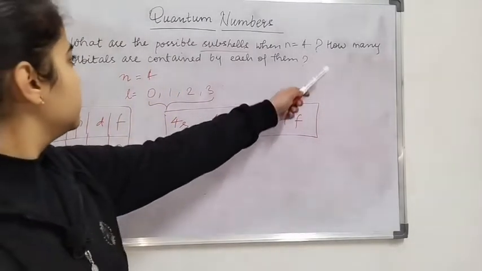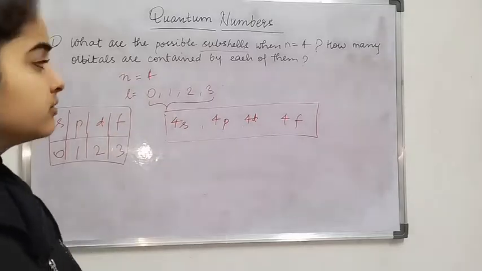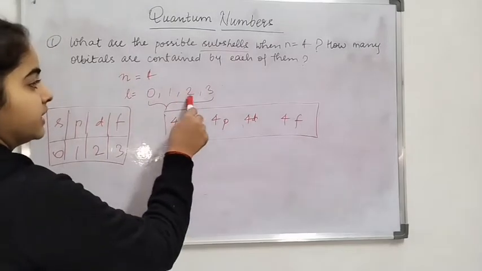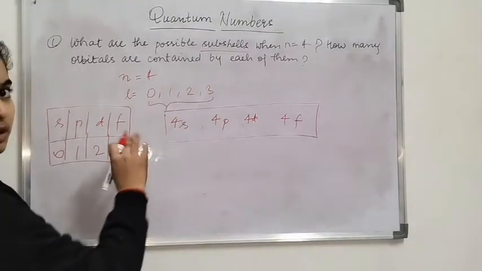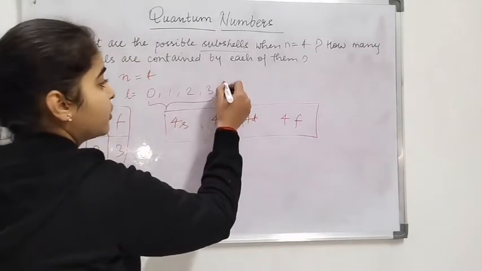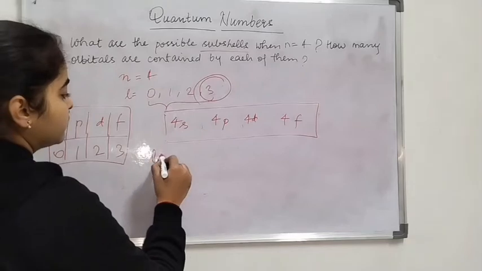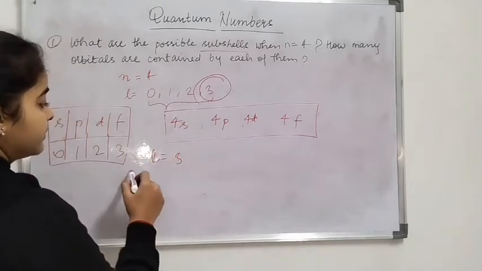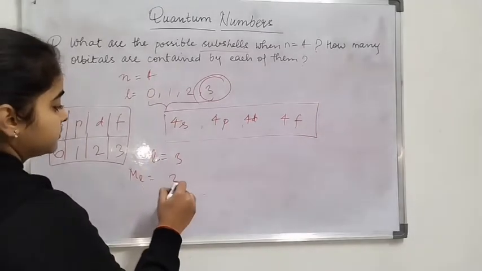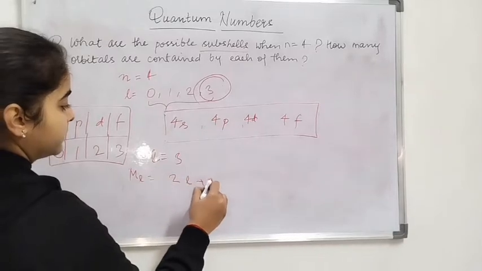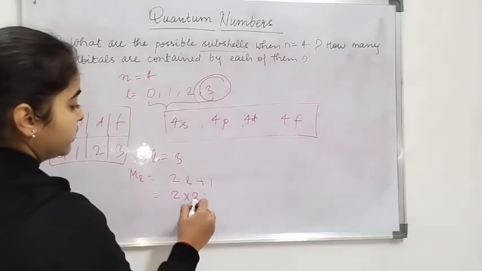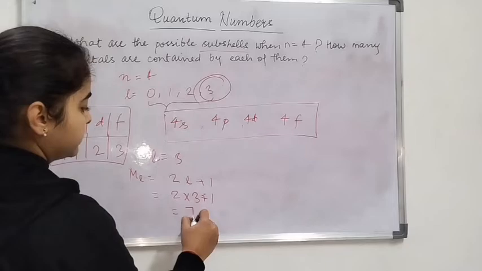To calculate the number of orbitals, we have nothing to do with all the values of l. We take only the maximum value of l. The maximum value of l is 3. Then the number of magnetic quantum number values will be 2l plus 1, that is 2 into 3 plus 1, that is 7.